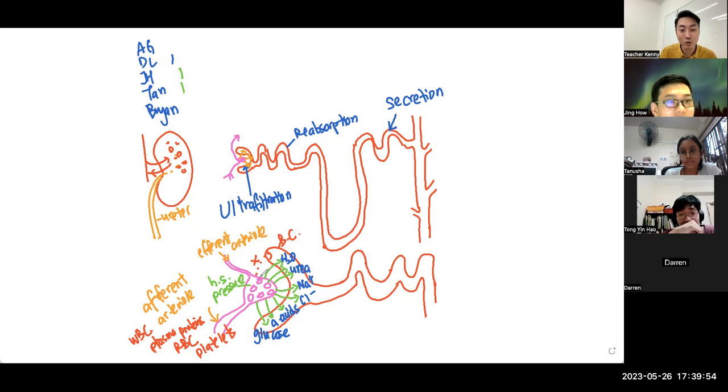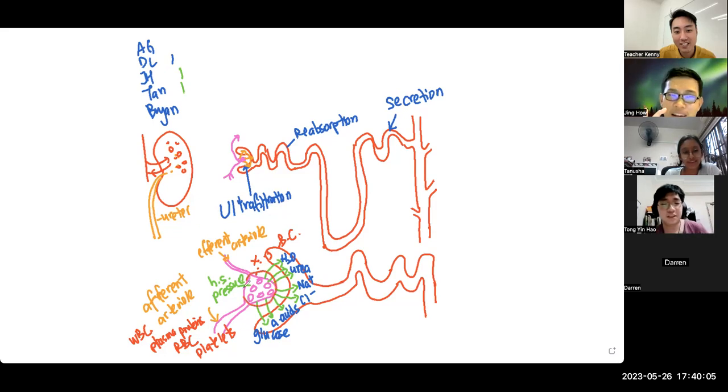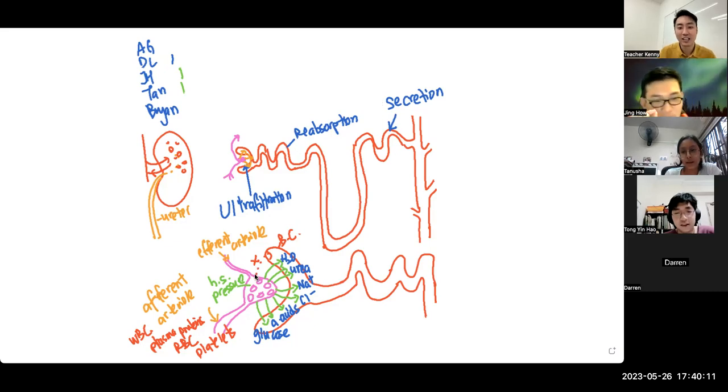They are too large or too big to pass through. Pass through where? This is called the glomerulus. So to pass through the membrane of the glomerulus into the Bowman's capsule. Yes, pass through the glomerulus wall.